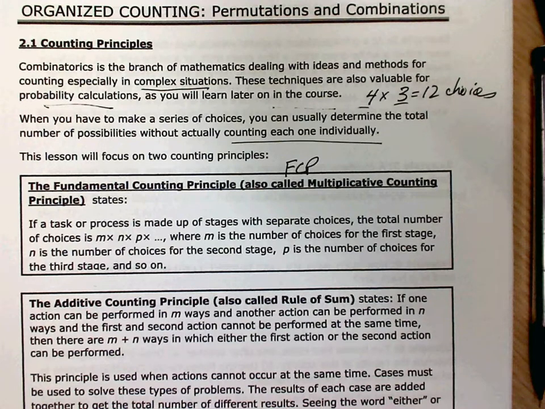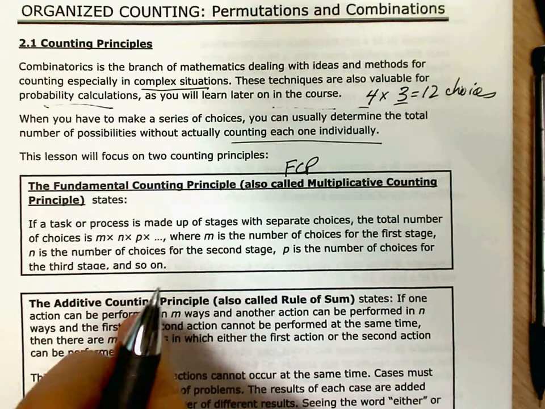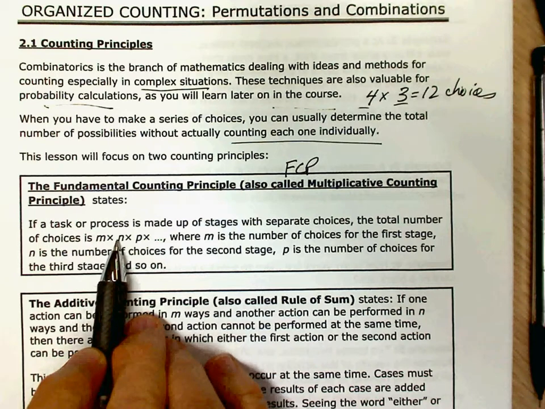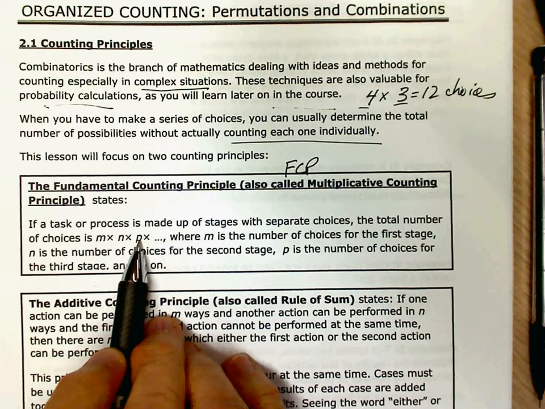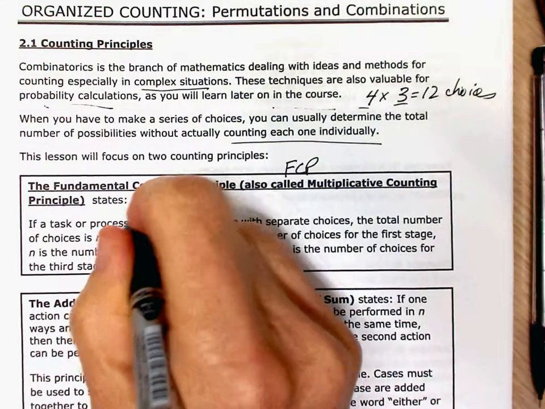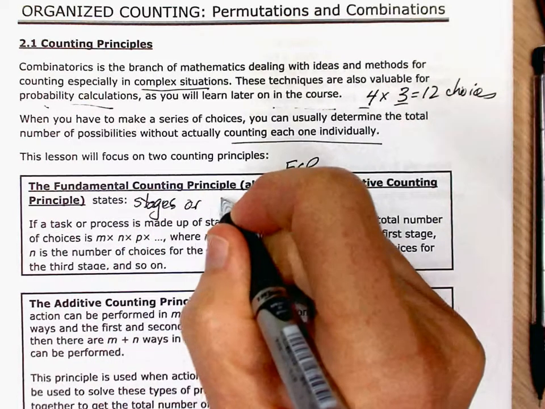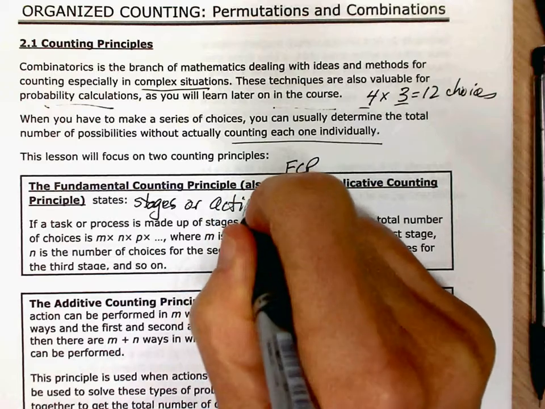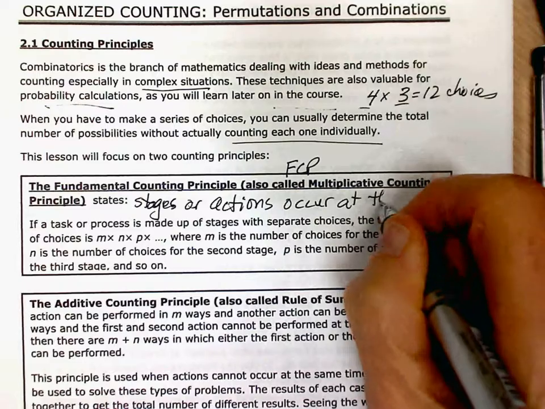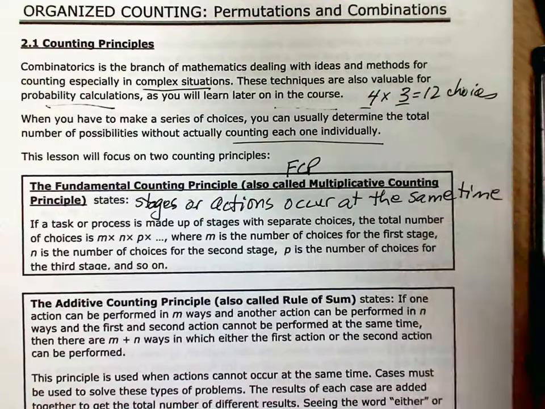Some of the things you need to realize before we do the additive counting principle: I wear my pants, my shirt, and my socks all at the same time, right? That occurs at the same time. So what we say is stages or actions occur at the same time, or together.